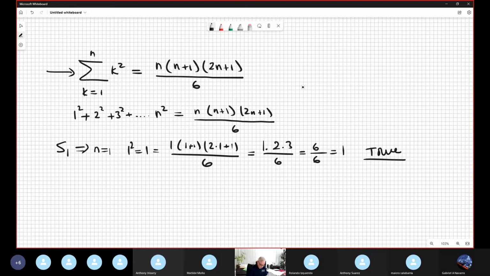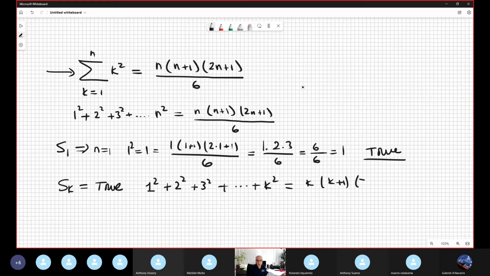Okay, so assume it's true. That means 1 squared plus 2 squared plus 3 squared plus ... plus k squared is equal to k times k plus 1 times 2k plus 1 over 6.